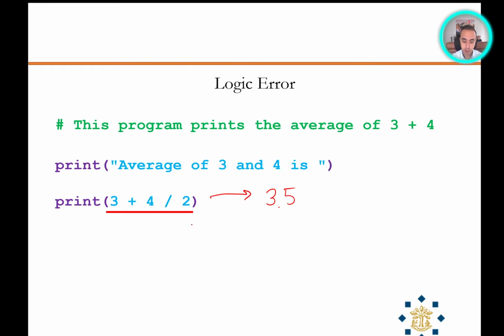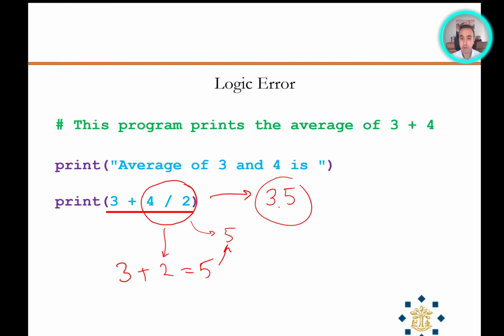It actually prints 5 because we forgot to put the parentheses for the mathematical operation. Without the parentheses, it divides 4 by 2, and that is 2, and then 3 plus 2 is 5. That's what you see over here. But it's supposed to print 3.5.